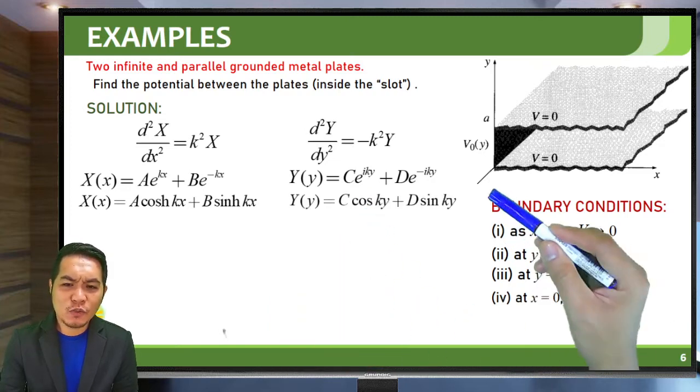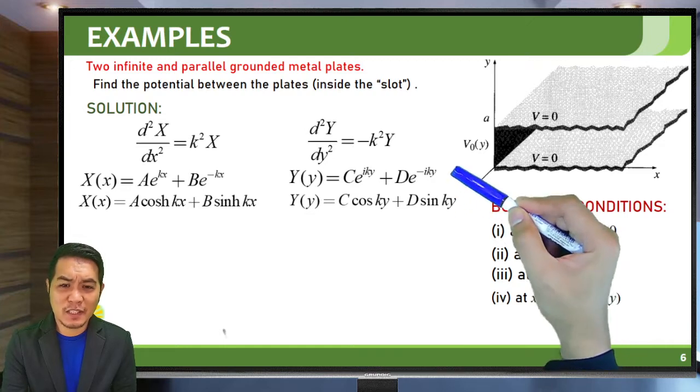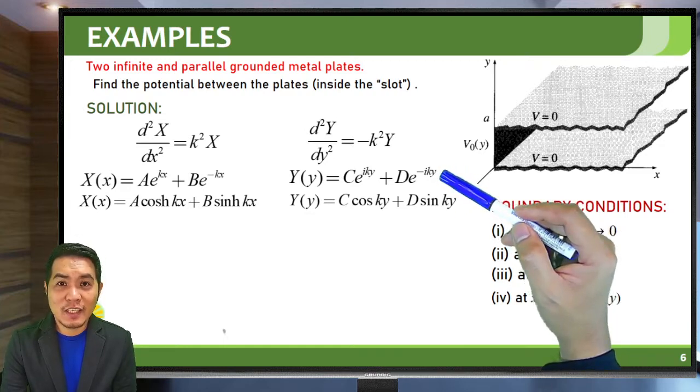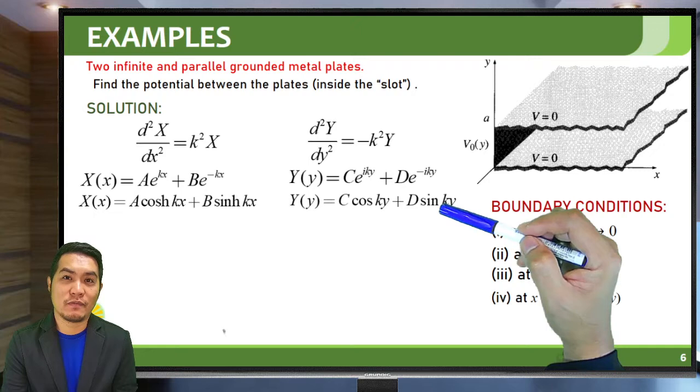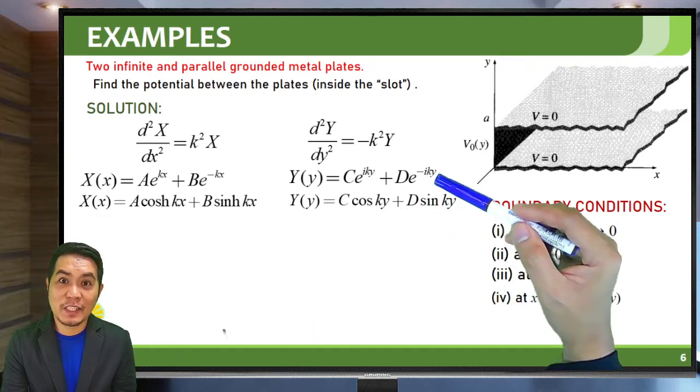Again, these two types of solutions are just the same, because you can write e to the ikx or e to the iky in terms of sine and cosine, and conversely you can write cosine and sine in terms of e to the iky.